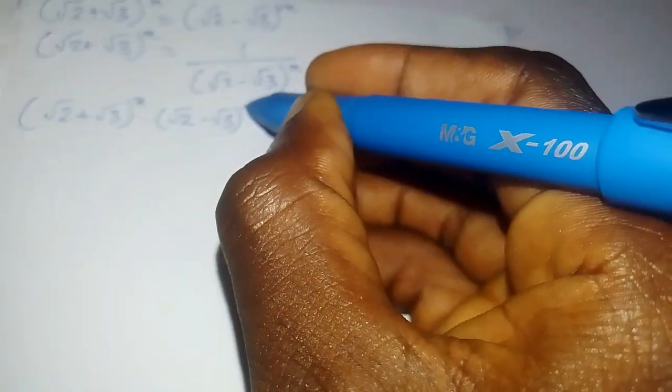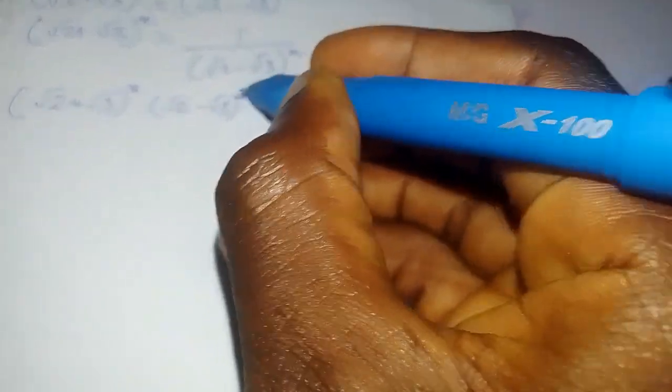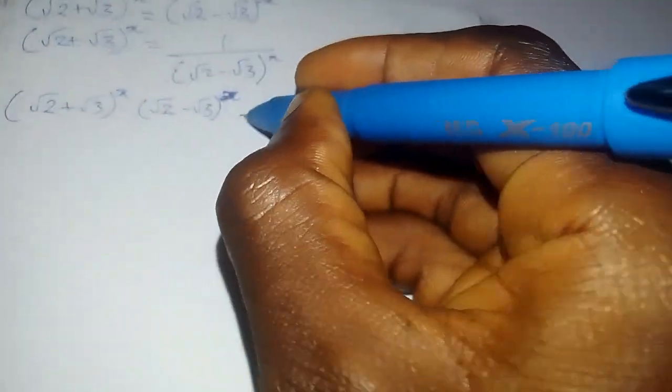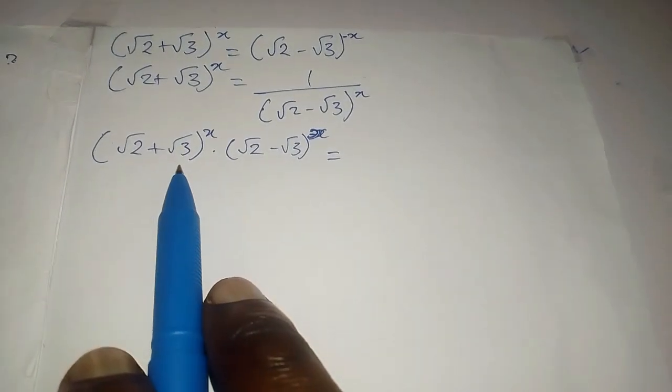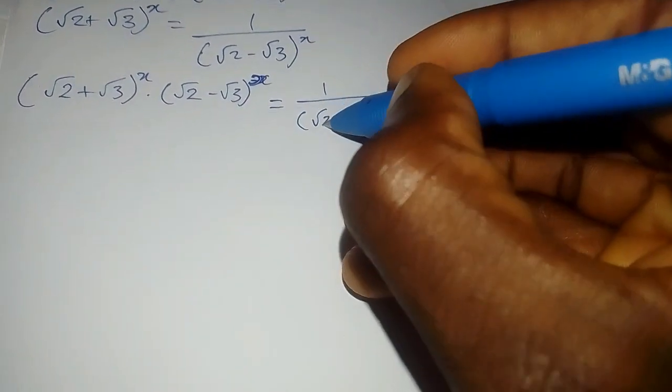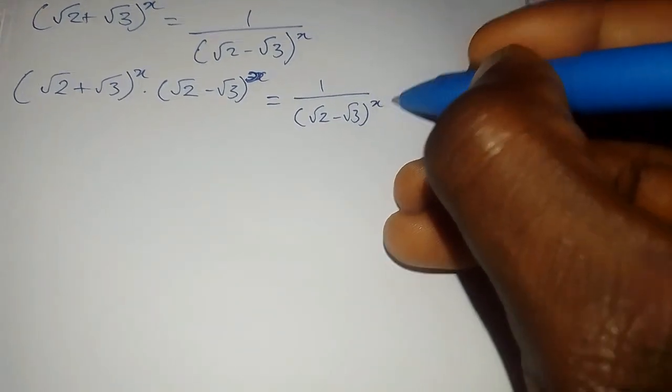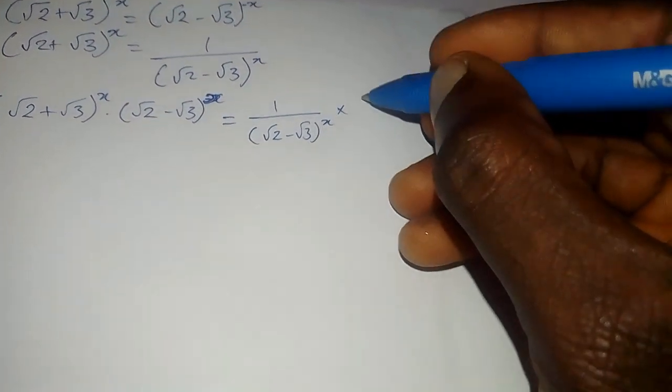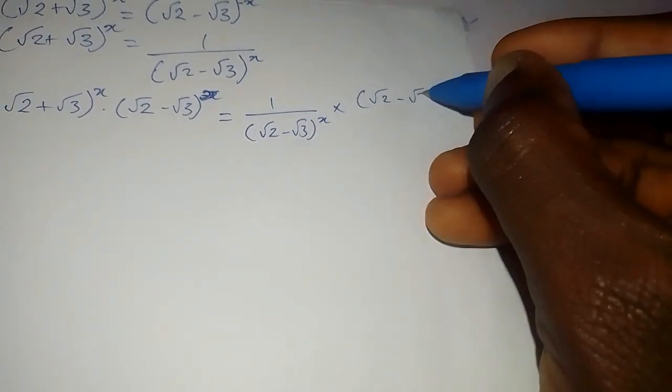So I can say (√2 + √3)^x multiplied by (√2 − √3)^x, another x again, equals, the only difference here is that we have plus here and minus here, 1 over (√2 − √3)^x multiplied by (√2 − √3)^x.